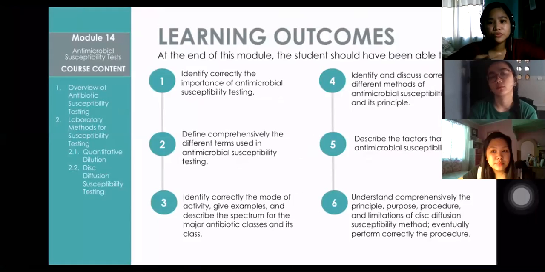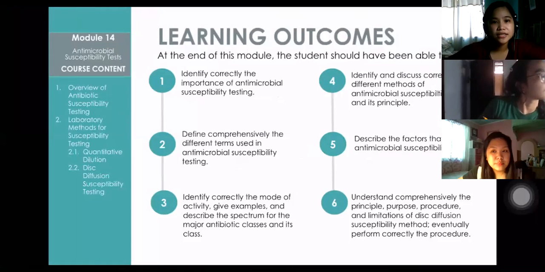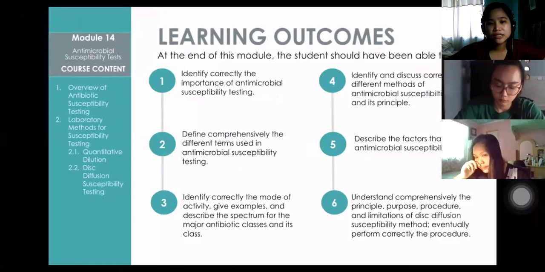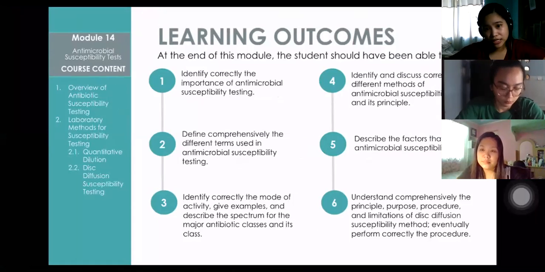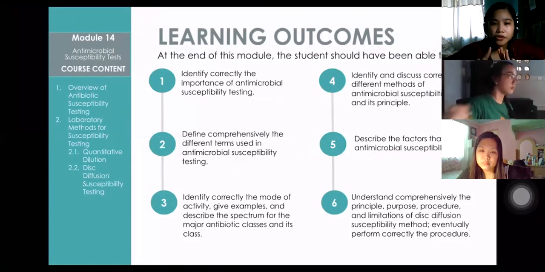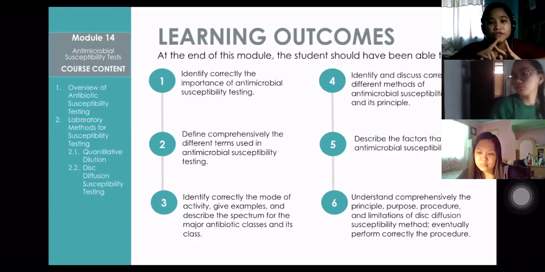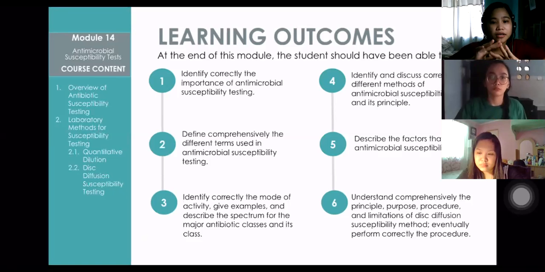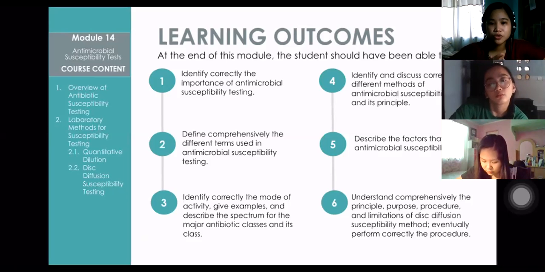What we need to have after this topic is we need to identify correctly the importance of antimicrobial susceptibility testing. Number two, define comprehensively terms used in antimicrobial susceptibility testing. Identify correctly the mode of activity. Give examples and describe the spectrum for major antibiotic classes. Okay, so your antimicrobial and antibiotics have the same meaning. In this lesson, these words will be used interchangeably.